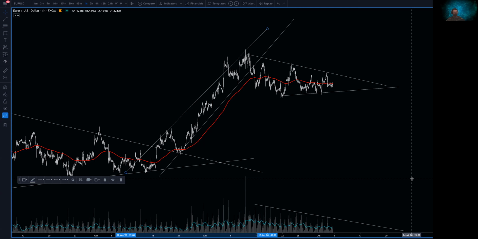So if I'm scalping 15 minutes, I will pay attention to the hourly. If I'm scalping 5 minutes, I will pay attention to the 15-minute trend, whether I'm in a trend or in the range. And I will also pay attention because we know when the market starts trending, you have to assume that this trend will never end.